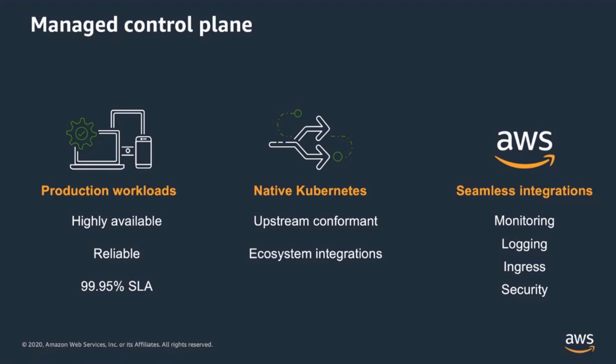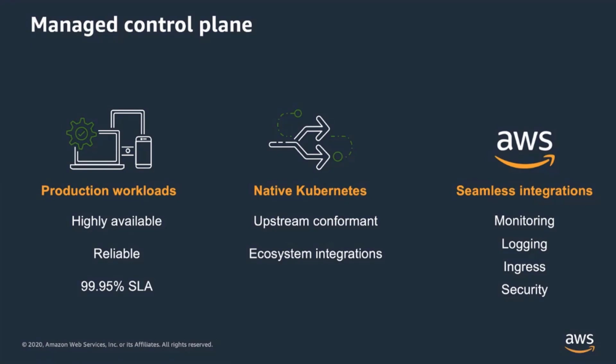When you create a cluster with Amazon EKS, we deploy and manage an isolated single-tenant control plane on your behalf. It is designed to be highly available, durable, and reliable. We stand behind this with a 99.95% service level agreement for control plane uptime. Our engineering teams monitor alerts, and ensure that we meet the SLAs that we've guaranteed our customers.